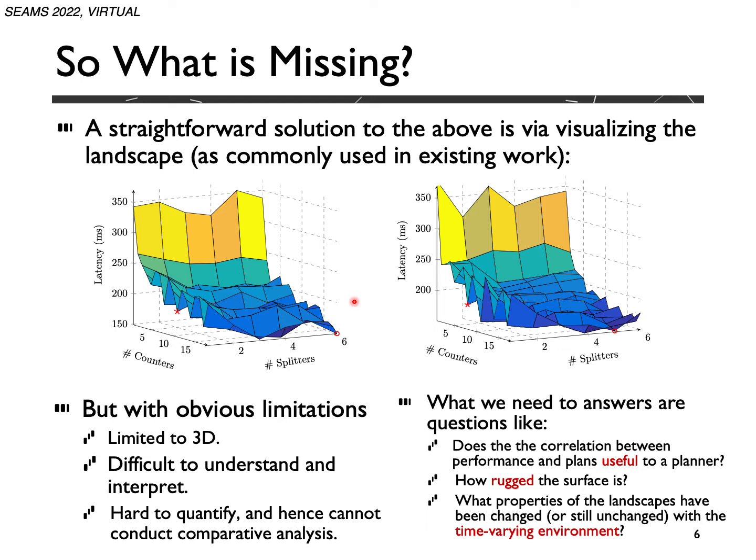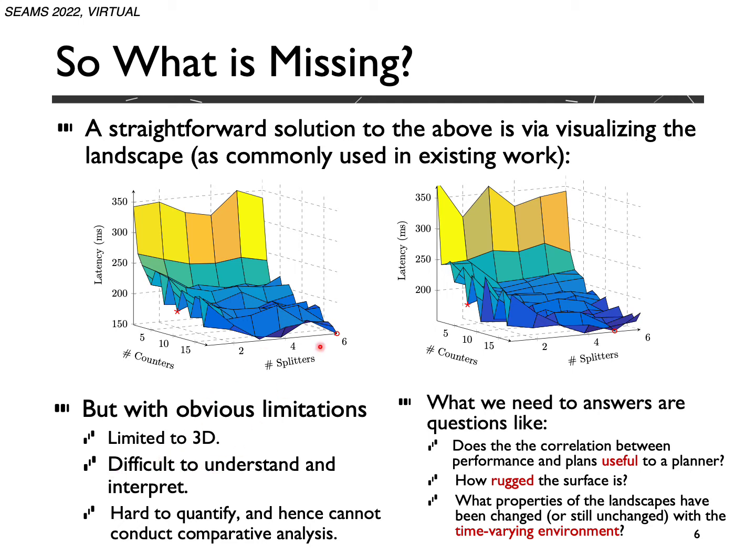That immediately brings up the limitation of this kind of visualization for analyzing the planning landscape: it is limited to three dimensions. Here we can only plot three dimensions. If I put a fourth dimension in, it will be much more difficult to interpret.